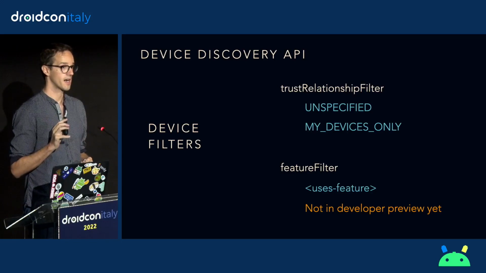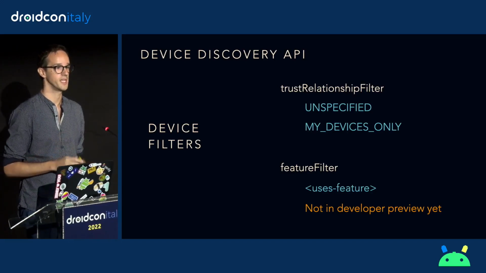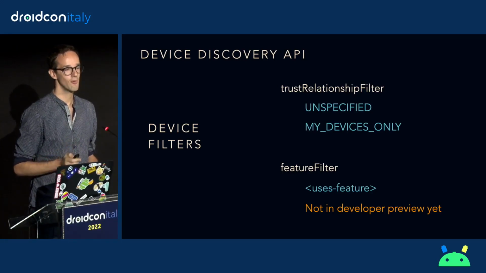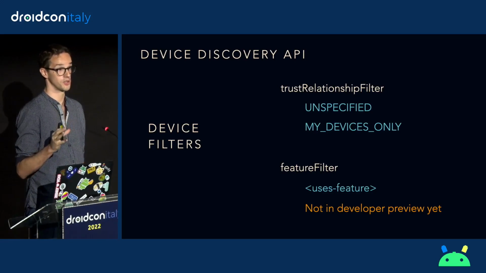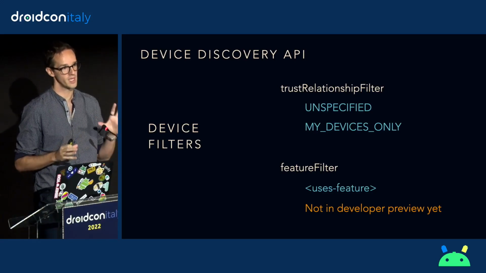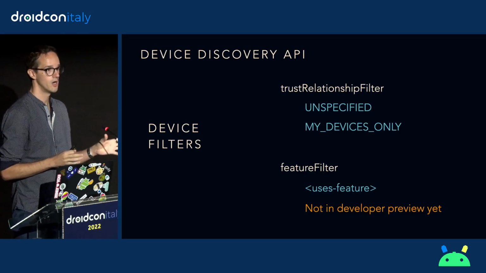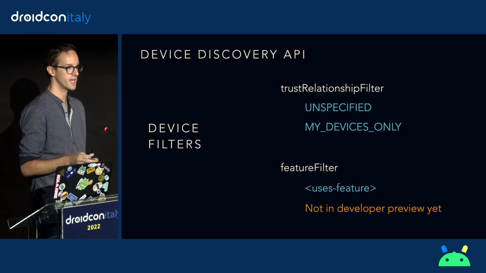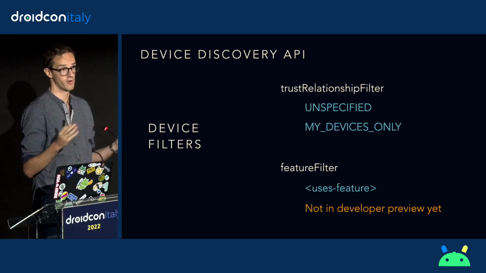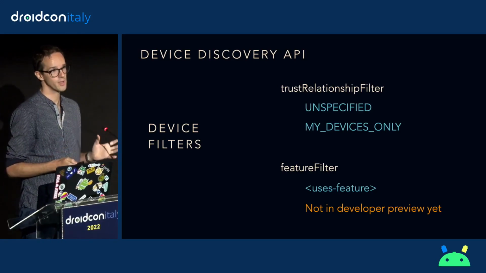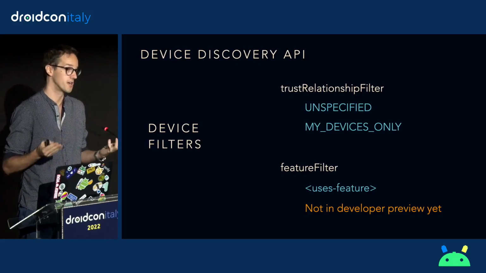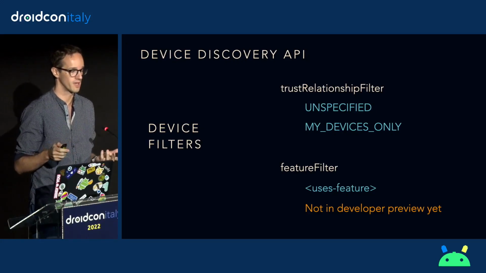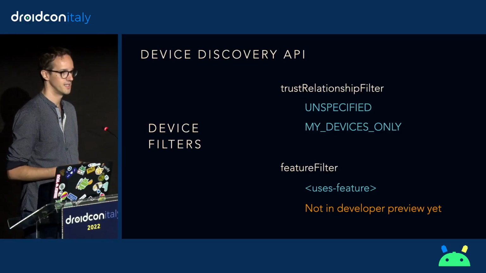Unfortunately, these are not yet implemented in the current state of the SDK, but in the future they will allow us to only select and show to the user devices that support specific features. For example, imagine only showing a device that has a large screen, or that is a watch, or that has a camera, because I want to perform some specific tasks. So this can allow us to show the user only relevant devices, to reduce the confusion about which one to pick, in case there is the need.